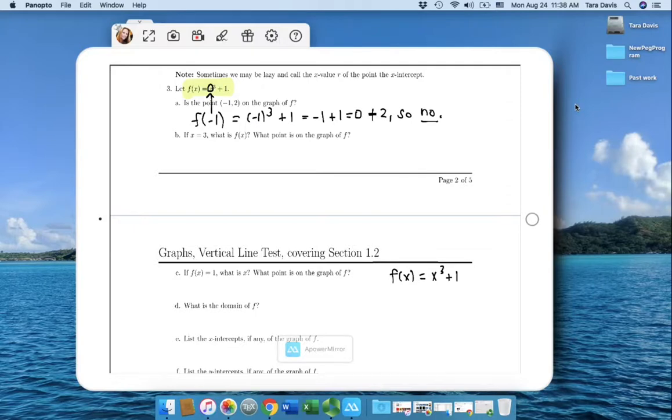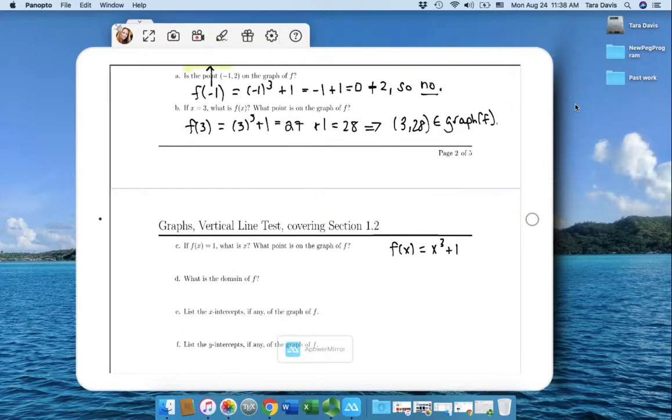So if x is equal to 3, then f of 3 is equal to 3 cubed plus 1. And 3 cubed is 27. So 27 plus 1, which is 28. And then, so from there, we can say that the point 3, 28, is on the graph of f.